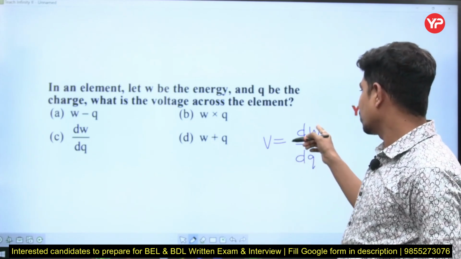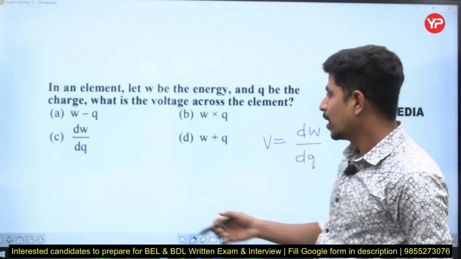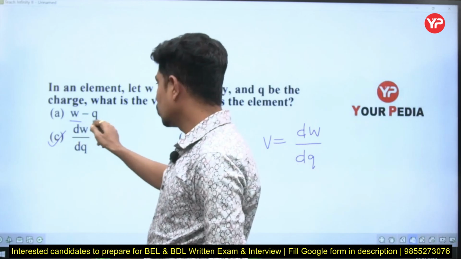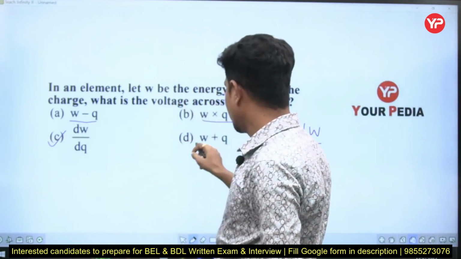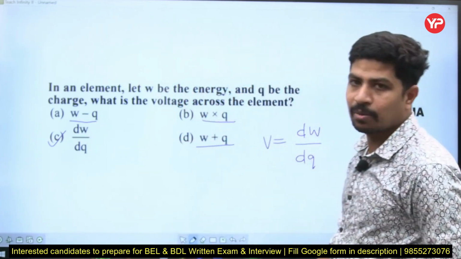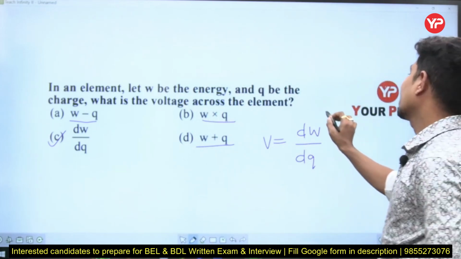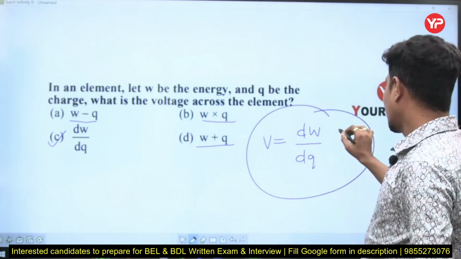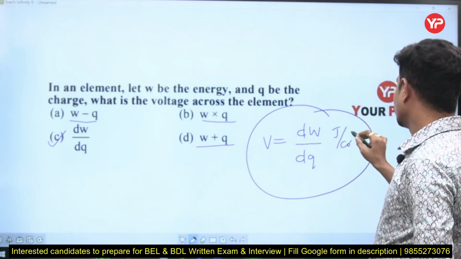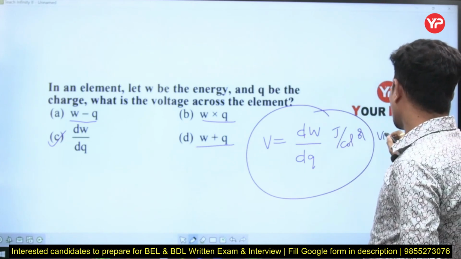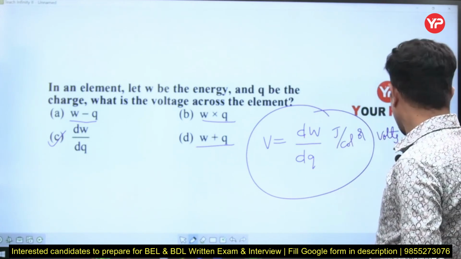So V is nothing but W by Q. So the answer is dW by dq. It is not W minus Q, not W into Q, not W plus Q. From the definition in the class, I already told you these units are joules per coulomb, also called volts.